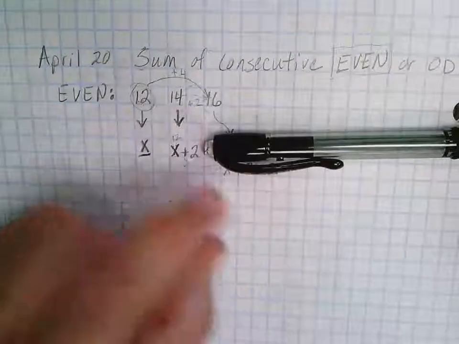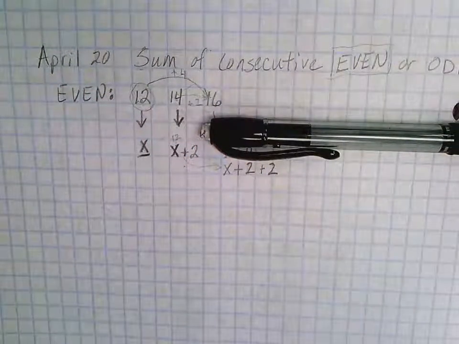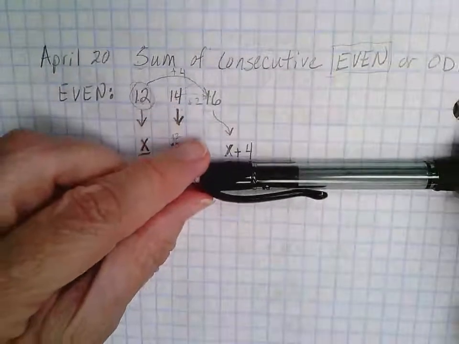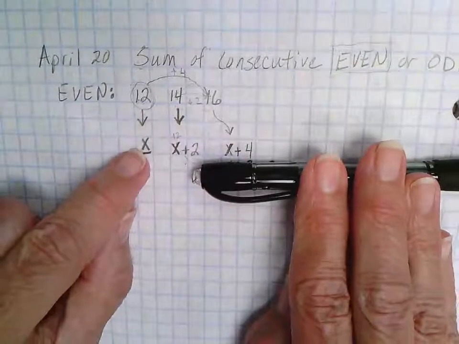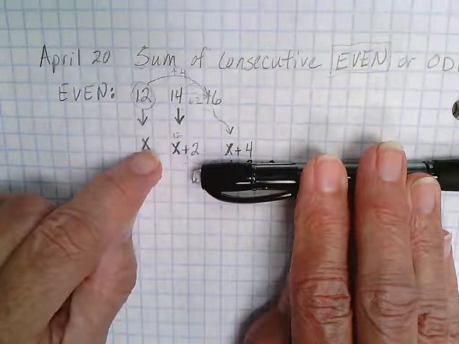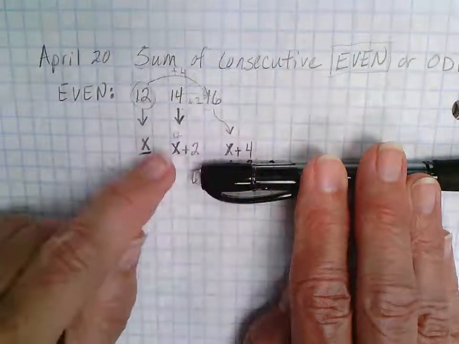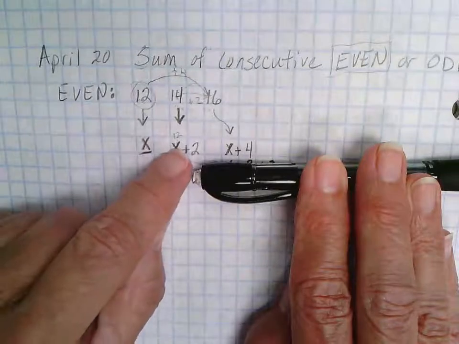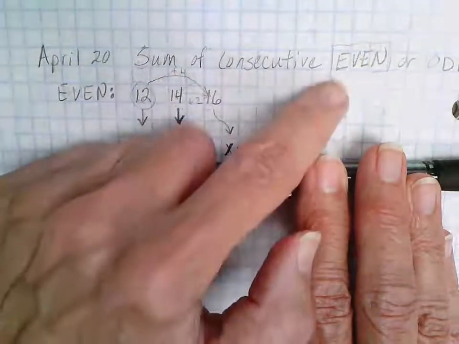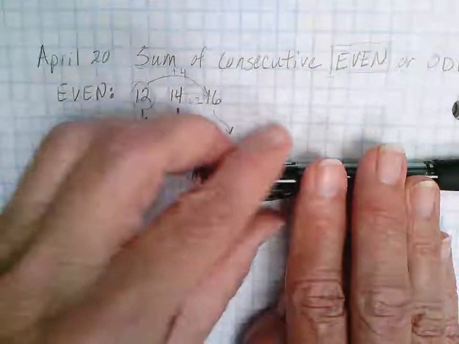But either way that makes the most sense to you is the way you want to use it. I tend to use this one because I just know when I'm doing consecutive even numbers that I start with an x, and instead of x plus 1 and x plus 2, I say the next number is x plus 2 and x plus 4, because I have to be skipping because even numbers are skip counting.